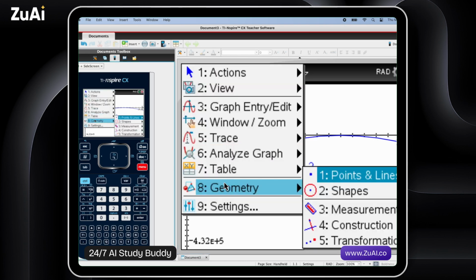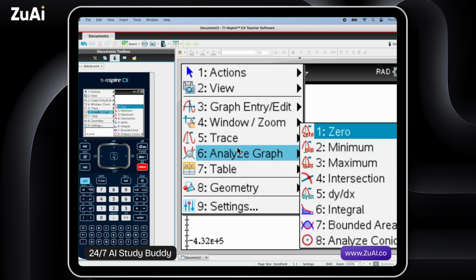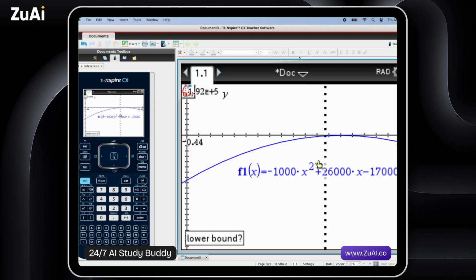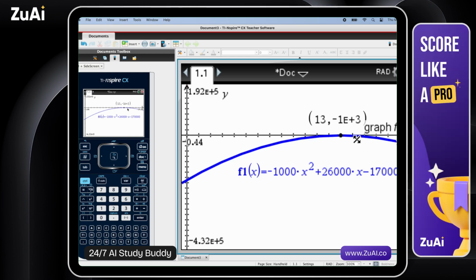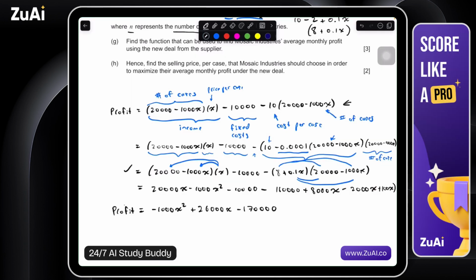Hence find the selling price per case that Mosaic Industries should choose in order to maximize their average profit. Analyze graph, maximum, what is it? No, this can't be right. This says that they're losing money under this new deal, but that doesn't make sense.